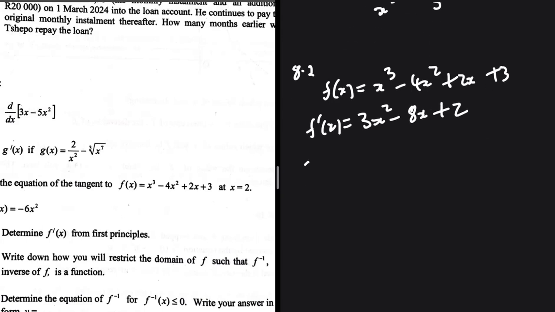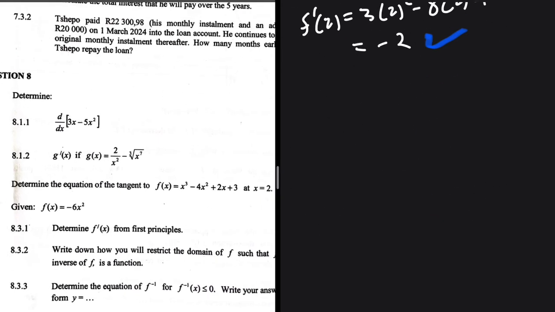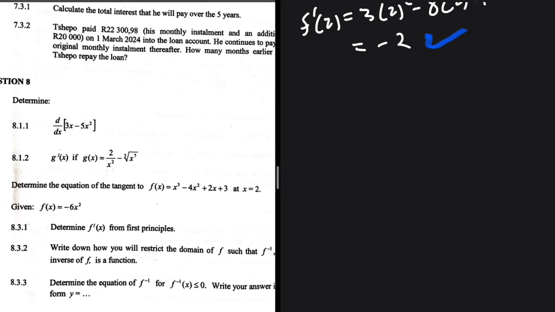And then we substitute 2. So f prime of 2 is equal to 3 multiplied by 2 squared minus 8 multiplied by 2 plus 2. And I think this is minus 2.